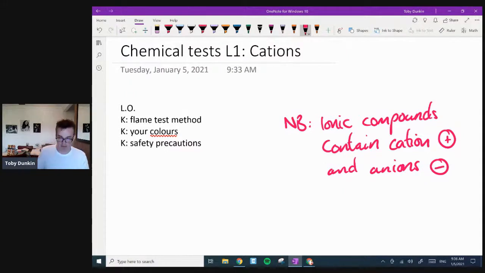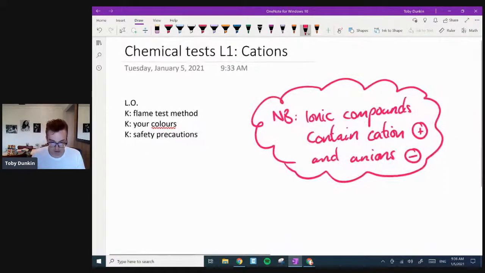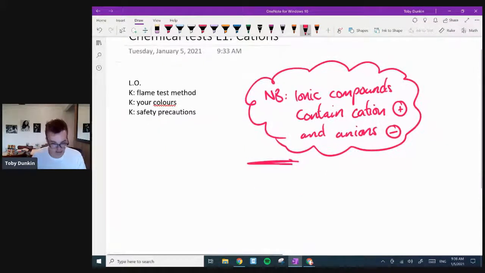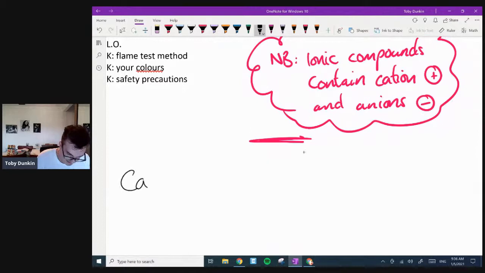They contain both of these, and there is a set of tests for both. So today we're focusing, number 1, on cations. Now there are 2 tests for cations, just 2, that's it. So the subtitle today is cation testing.